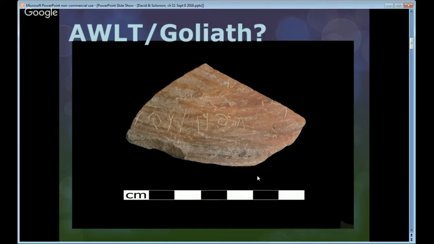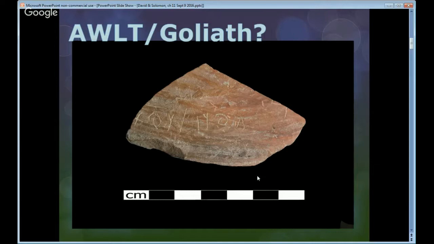This particular pottery shard was excavated at Gath. This would have been Goliath's hometown. And it was dated between the 10th to 9th centuries BCE. So this would have been somewhere around possibly 1000 BCE all the way down to probably about 850 BCE.